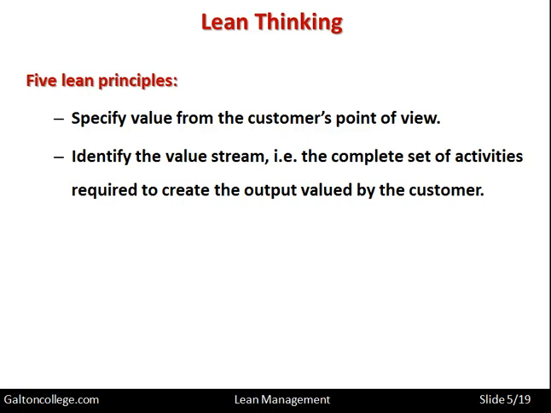We identify the value stream. In other words, the complete set of activities required to create the output valued by the customer. So we identify what activities need to take place in order to satisfy the customer.